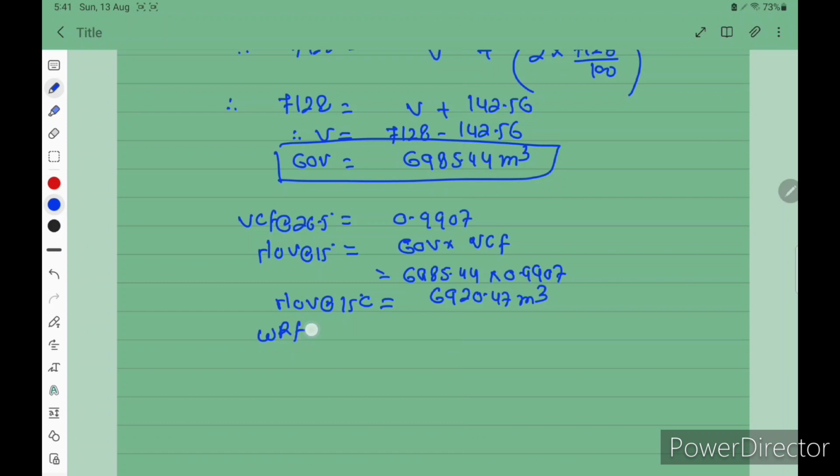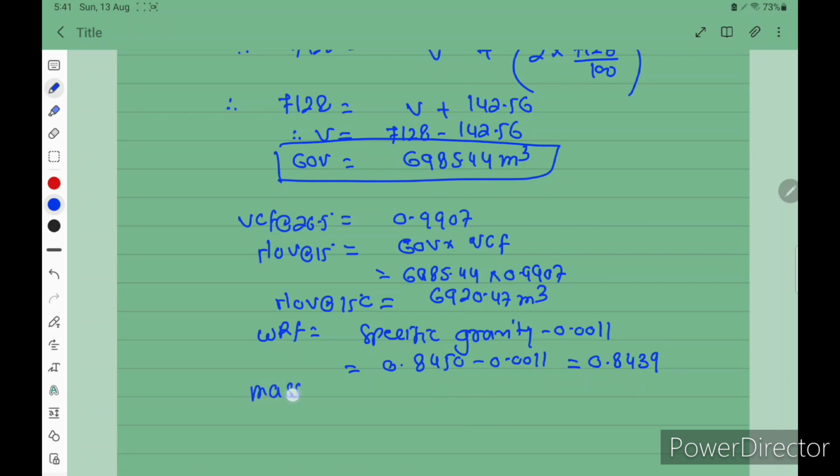Now weight reduction factor is equal to specific gravity minus 0.0011. So 0.8450 minus 0.0011, we get 0.8439. So mass is equal to net observed volume at 15 degree temperature into weight reduction factor.